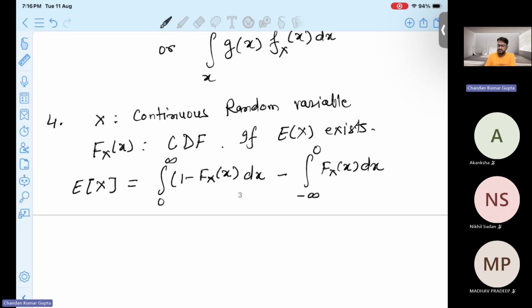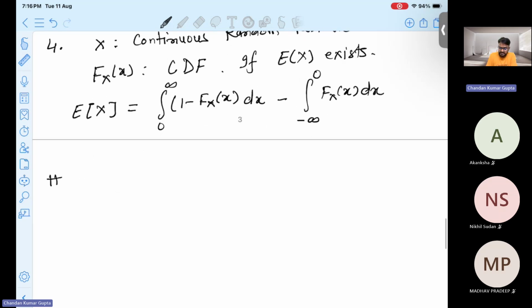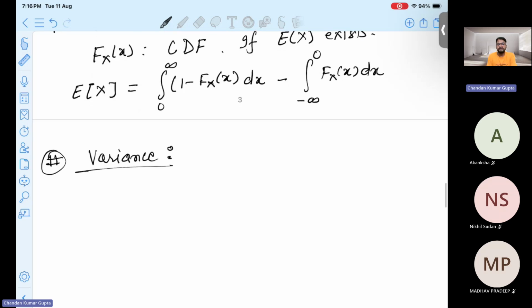So this is it. Now the variance. Variance is actually our second order moment. We have two kinds of moments: the central moment and the non-central moment. Variance is the second order central moment.